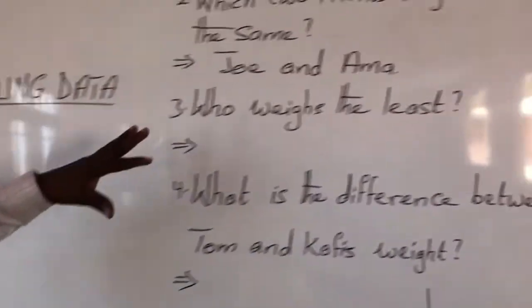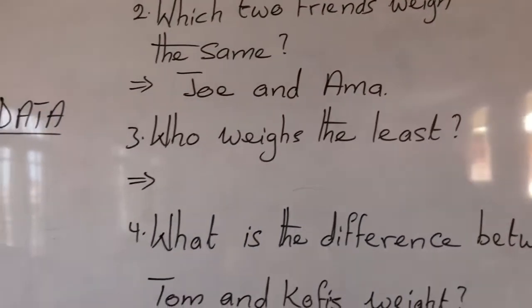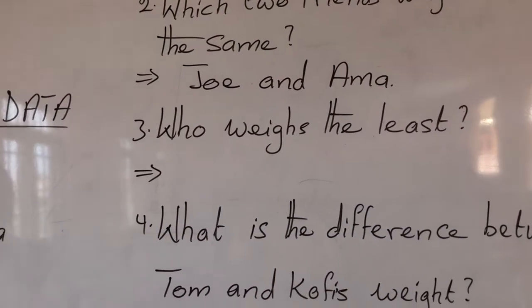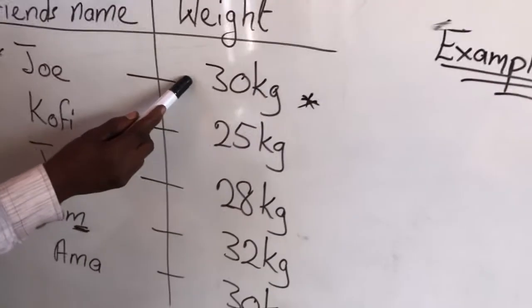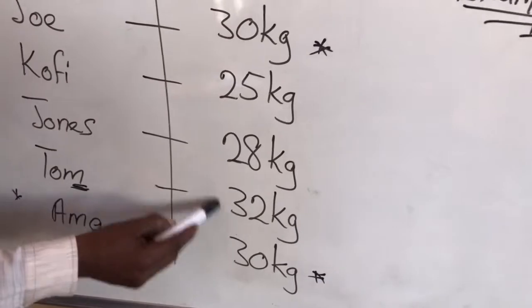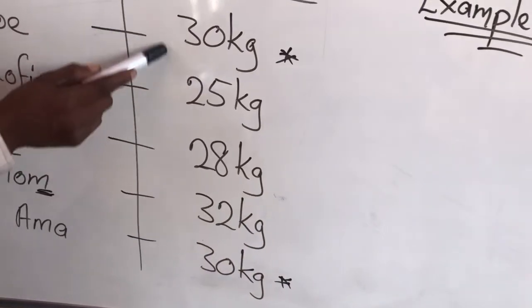Now, let's look at question 3. Who weighs the least? They are talking about the least, the smallest weight. We know 32 is the highest weight so far.